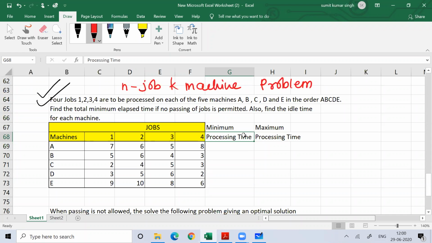Has everyone written down the problem? Once you're done with this, write down the minimum processing time of the first and last machine.